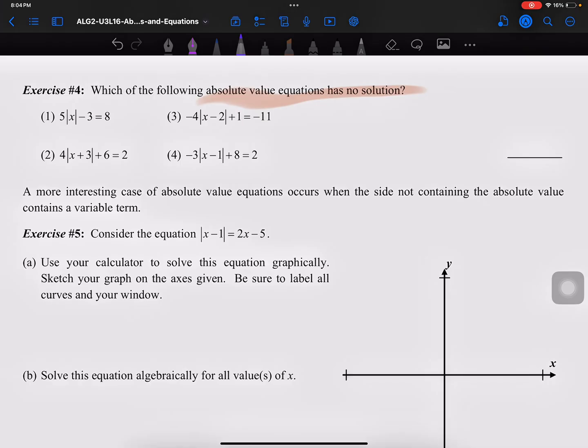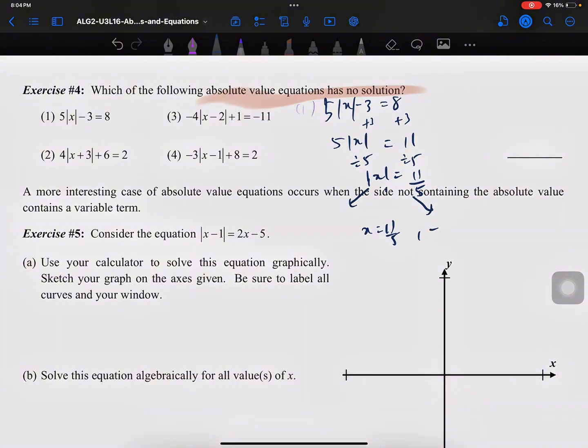So for the first one, question 1, if we have 5x minus 3 equal 8, so we will plus 3 both sides, will become 11, 5x, and then we divide 5 both sides, so we have x equal 11 over 5, which if we want to open this, become split into 2, so meaning x is 11 over 5 and minus 11 over 5. So solution exists.